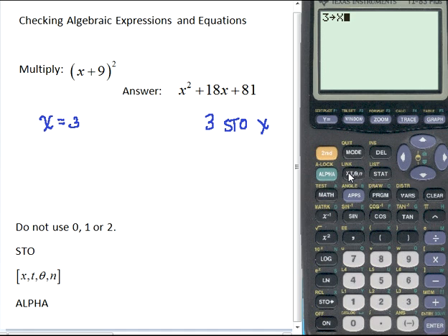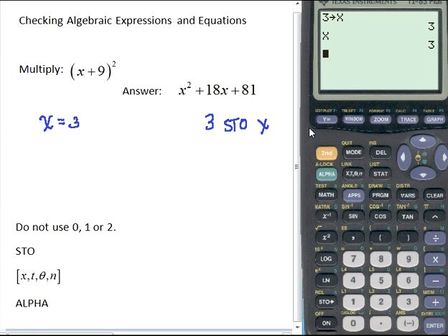And x, again, is the X,T,alpha,theta key. It looks like this over here on the bottom, and it's right next to the alpha key. Enter. It's the only alpha variable that has its own key. And so if I just push the x key, it'll tell me it's 3.